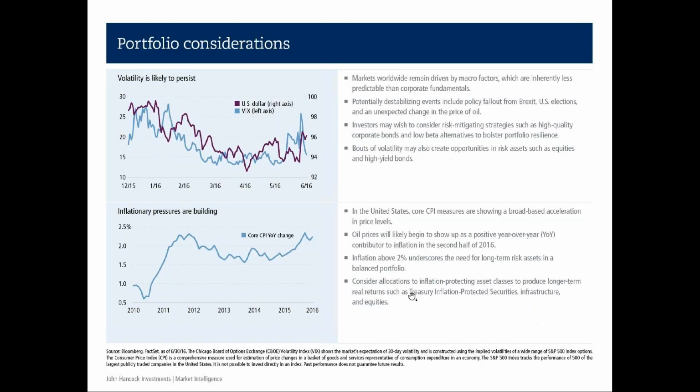There are asset classes that can be considered to try to protect from those inflationary pressures. There's Treasury inflation protected securities, or TIPS. Infrastructure has been found to be an attractive asset class over time to keep up with inflation, or just plain old stocks.